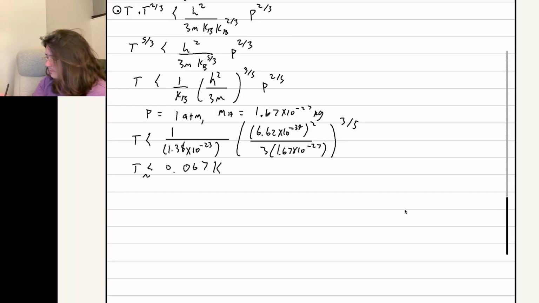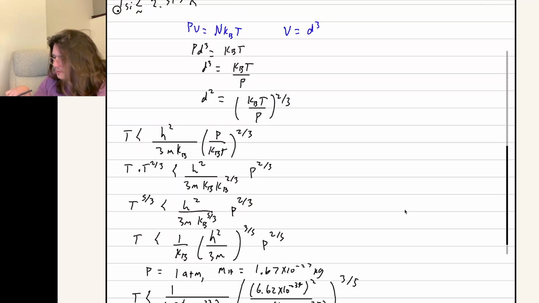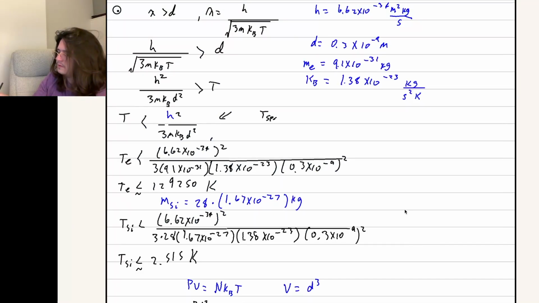So, last thing is it does ask for you to check the numbers for hydrogen in space. I'm going to be using the same equation that I did for the last part, this one up top. Hydrogen in space is going to be less than h bar squared, 6.62 times 10 to the minus 34, squared.